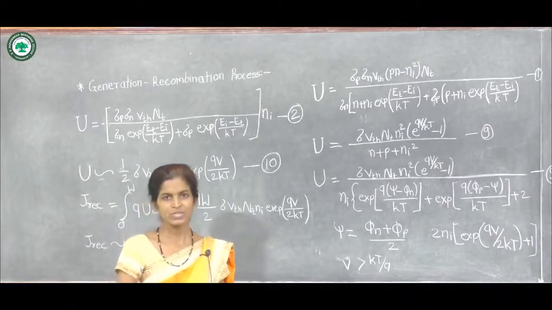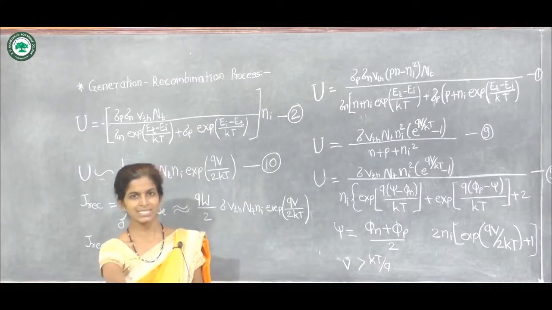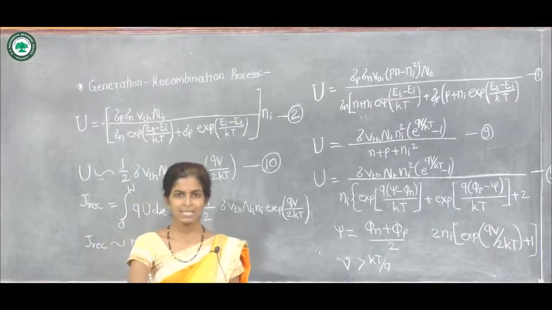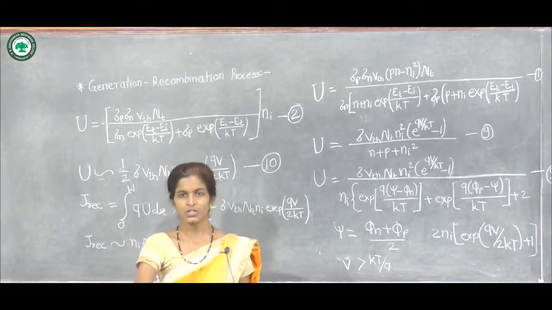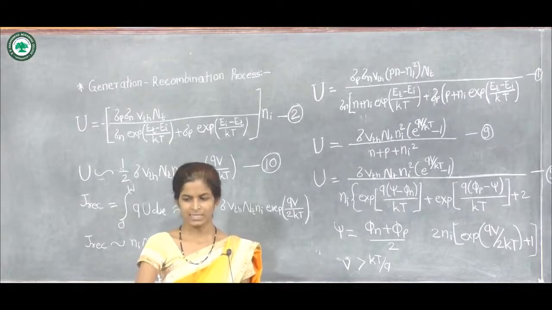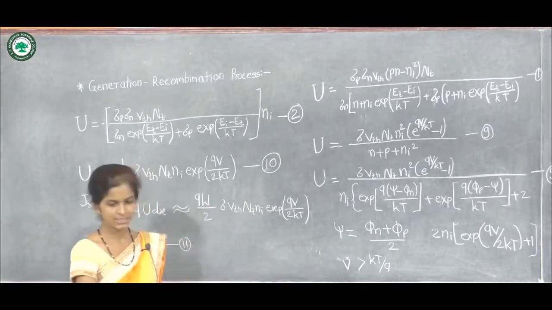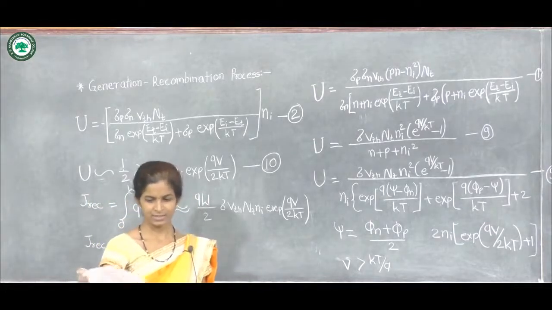Similar to generation current in reverse bias, the recombination current in forward bias is also proportional to Ni. The total forward current can be approximately the sum of equation numbers 10 and 11.